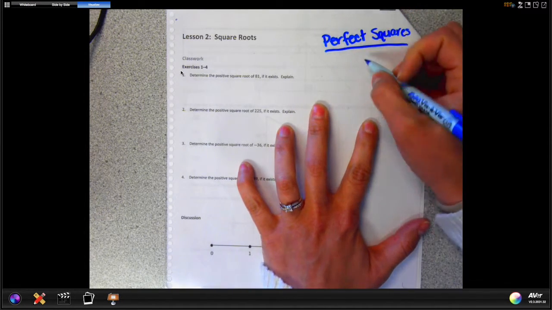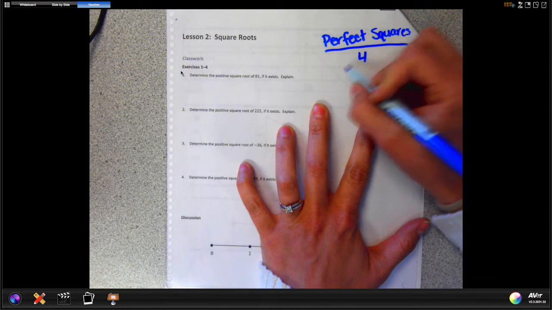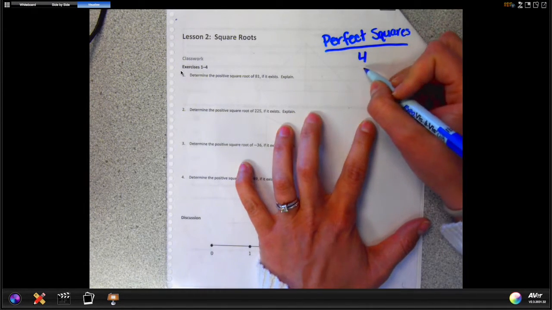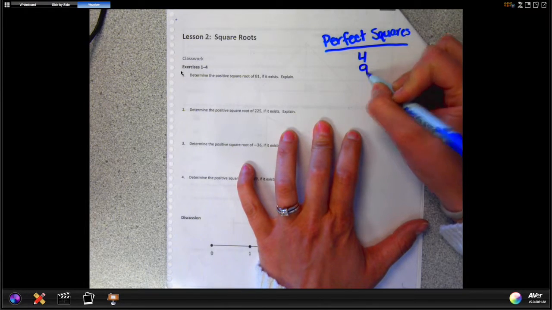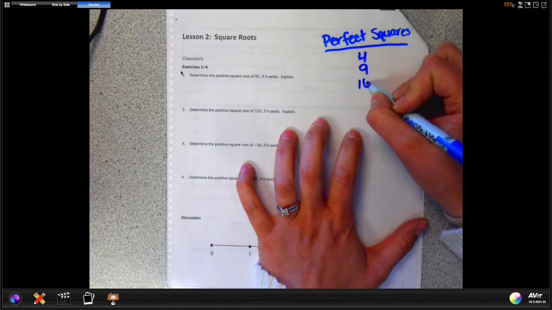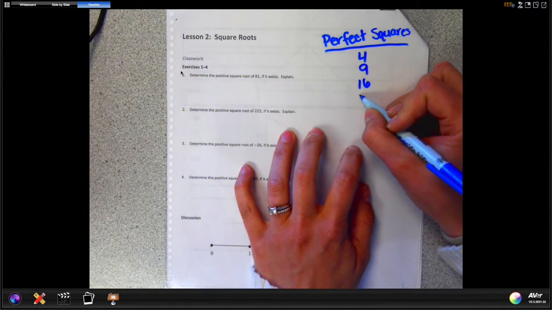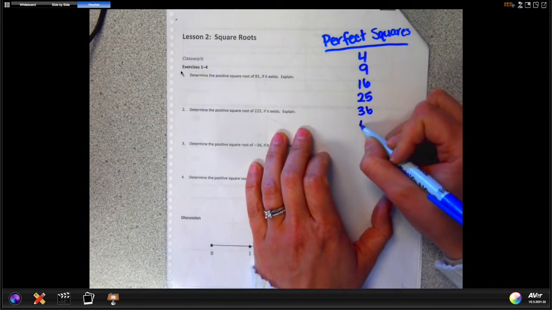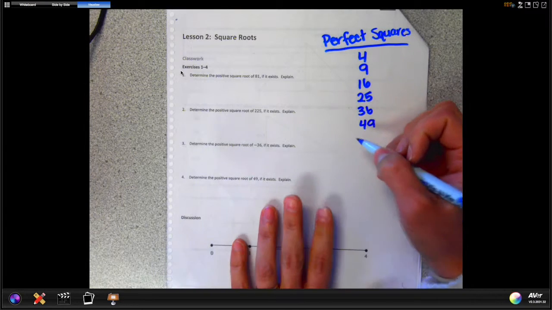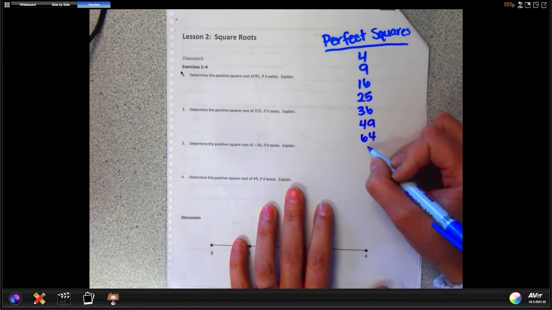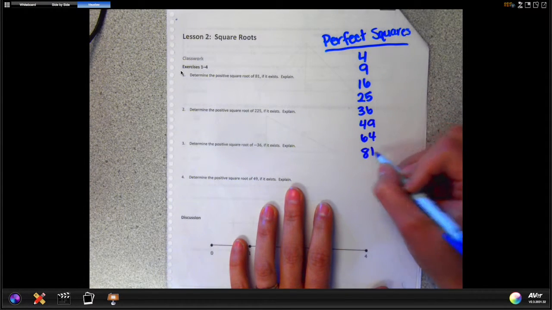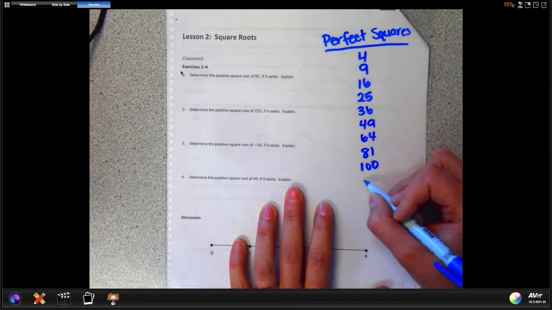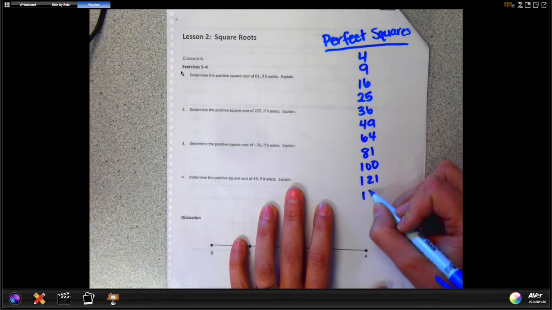So let's start with 4, because 2 times 2 is 4. And then the next one, 3 times 3 is 9. 4 times 4 is 16. 5 times 5 is 25. 36. 49. 64. 81. 100. 121. 144.